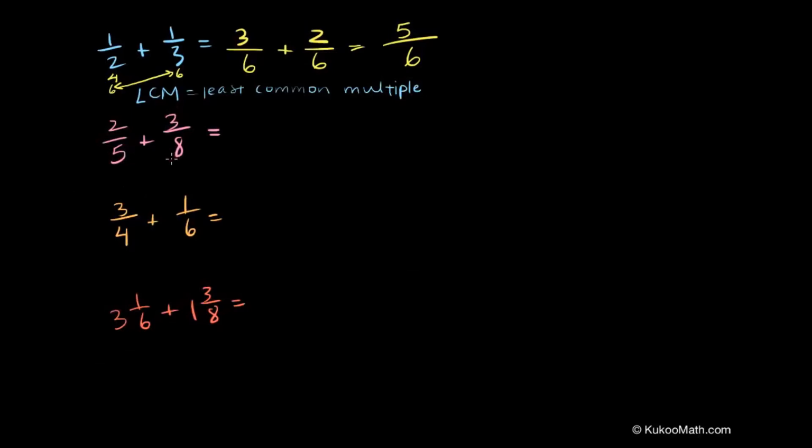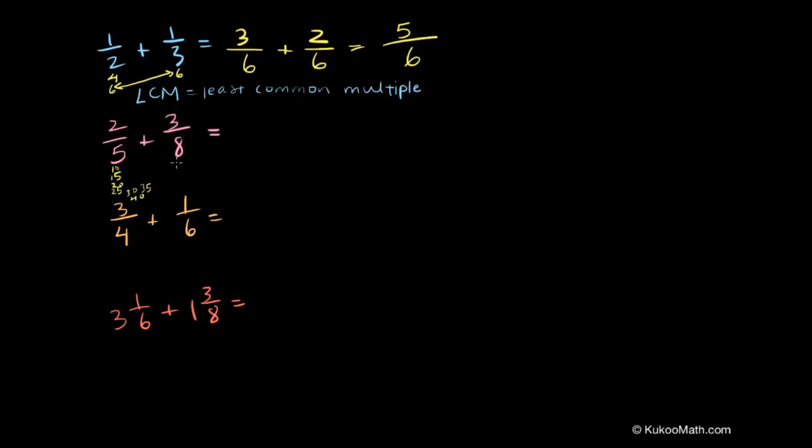2/5 plus 3/8. So we're going to list out the multiples of each of these denominators until we get to something that they have in common. So 5, 10, 15, 20, 25, 30, 35, 40.